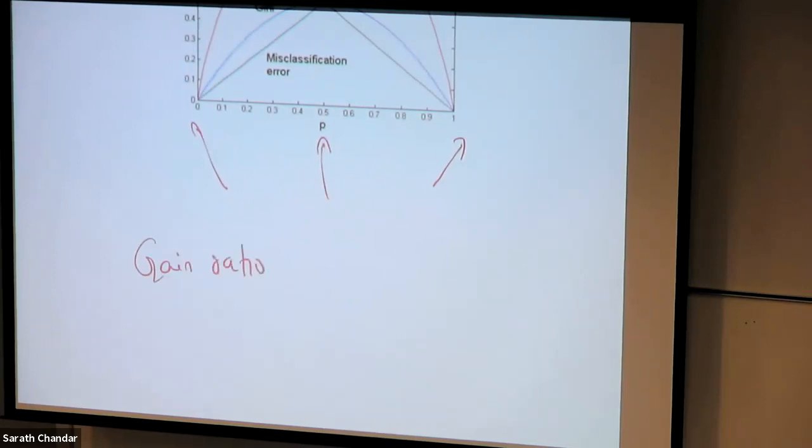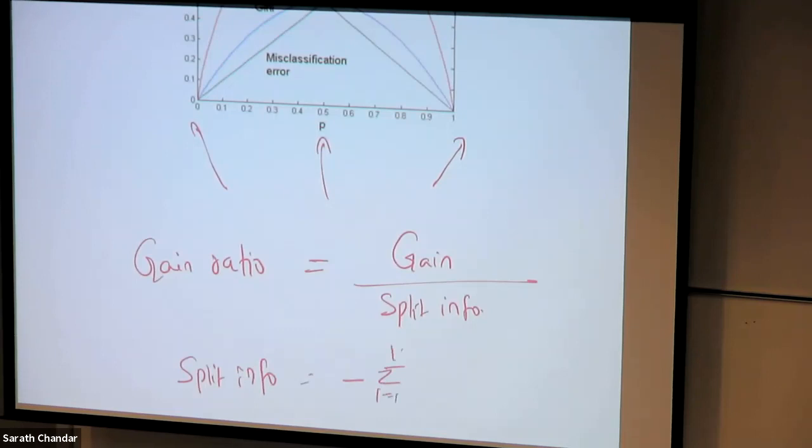Gain ratio is defined as the gain, which we already computed using these metrics, divided by split info. Now, what is split info? Split info is minus summation over i equal to 1 to k of n_i by n log n_i by n. So this is basically the entropy of partitioning.